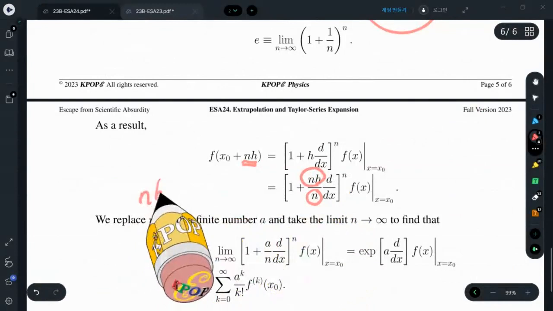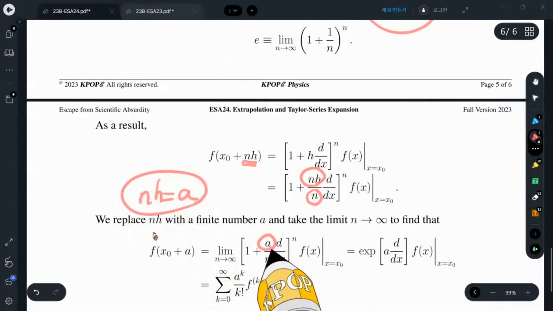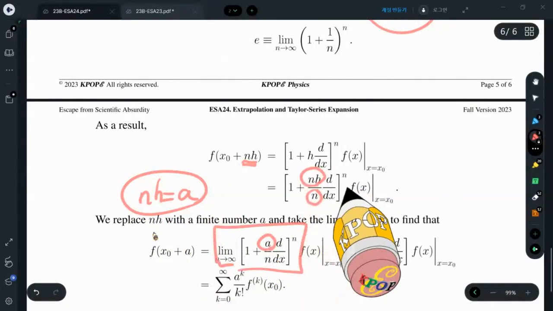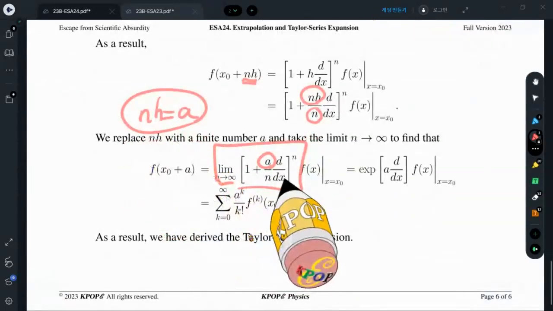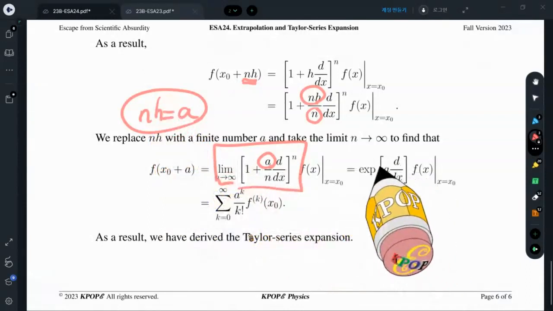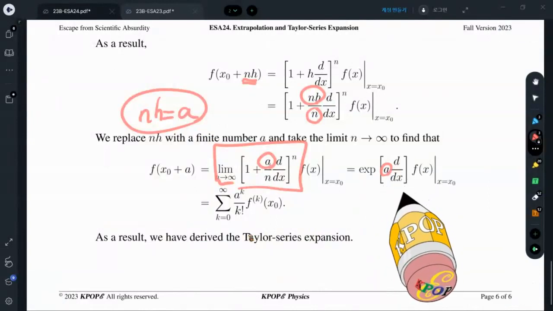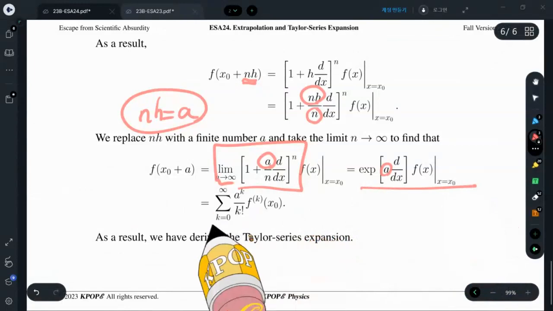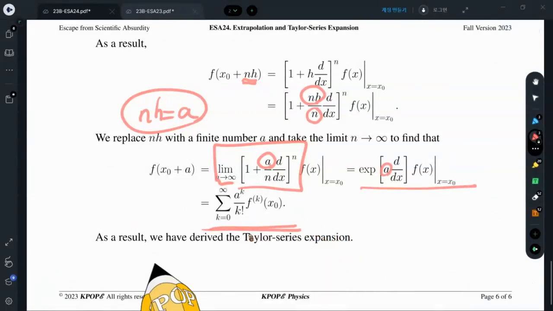And if I want to keep nh at a finite value, now expressed as a, in that case it is nothing but the expression for the exponential. Instead of a number, what we have is the exponential of some parameter multiplied by the derivative operator. So what we have done is the proof of the Taylor series expansion using a very simple algebraic way.